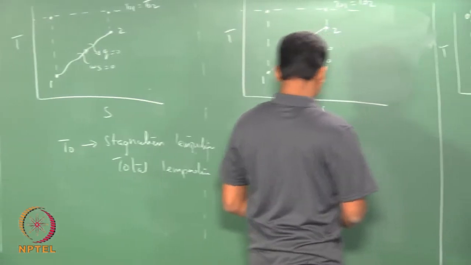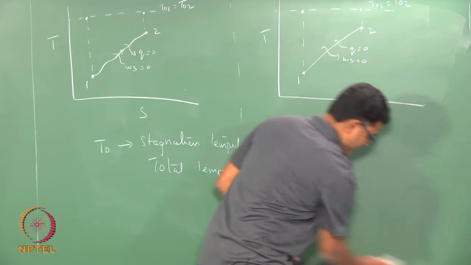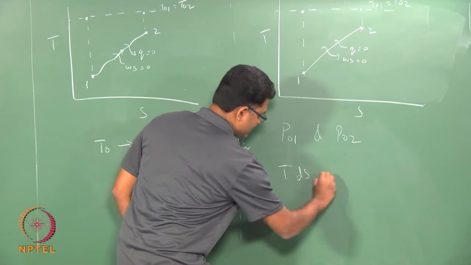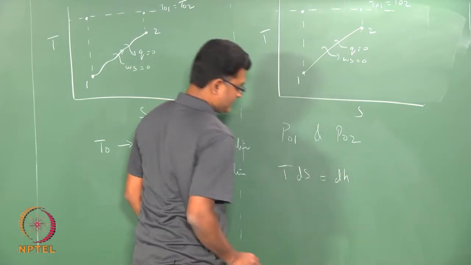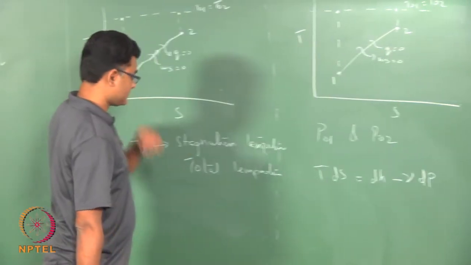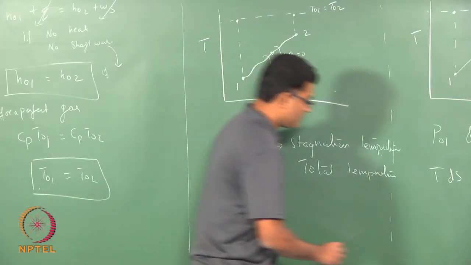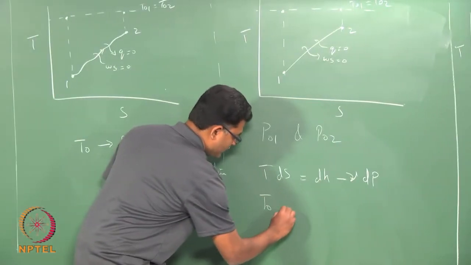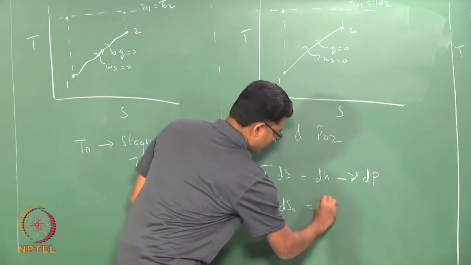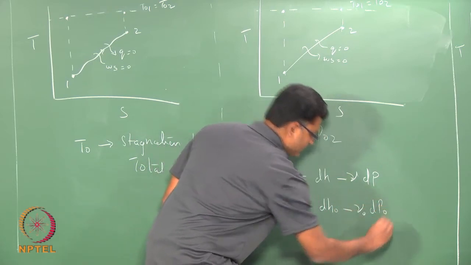So, I start from my Gibbs equation, T ds equals dH minus V dP. Now, I am talking about stagnation quantity. So, this is my T0 ds0 equals dH0 minus V0 dP0.